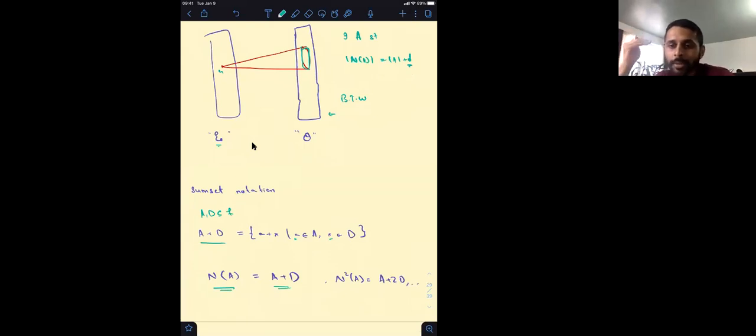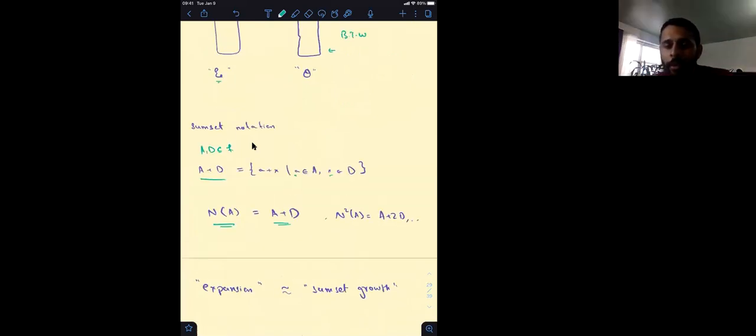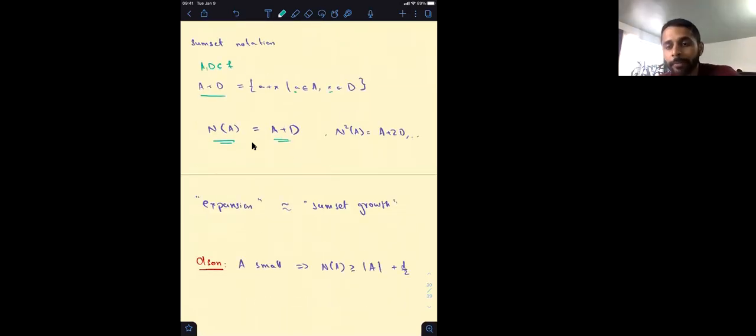So that's one way to express the neighborhood. The expansion of the Cayley graph is how fast these subsets grow. Again, to recall, we know from Olson that if A is small, there is some kind of subset growth, except it's not enough.